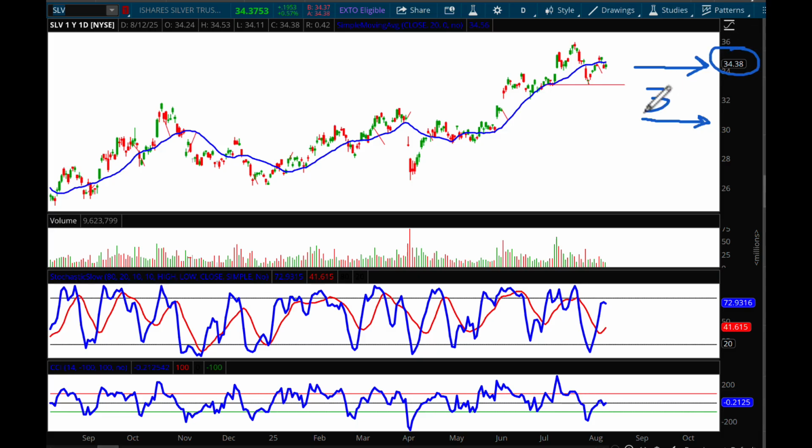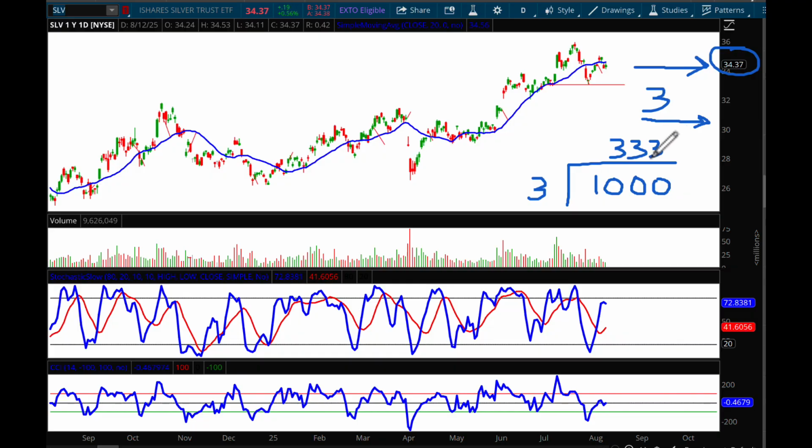Your risk per share is going to be $3. So let's come up with the size of the position. Remember, if you're trading with a $100,000 account, your risk amount is going to be $1,000. If you take the $1,000, or the 1% value of your account, and divide that by 3, you're going to come up with 333 shares that you would buy.